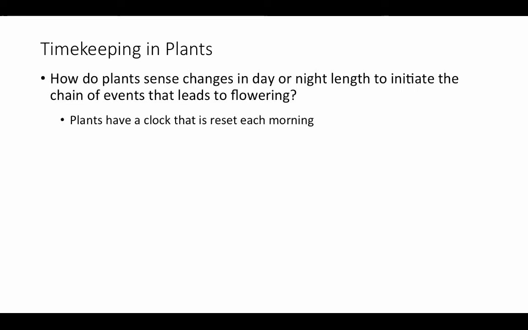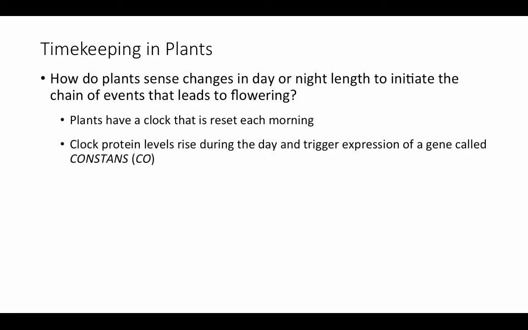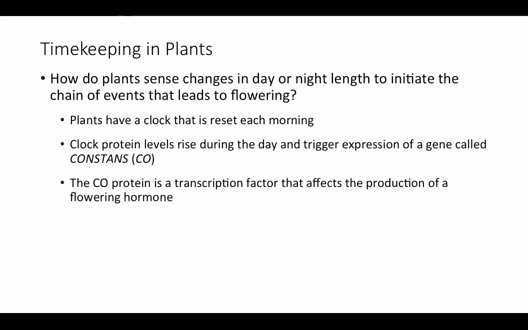Plants do have these internal clocks, these circadian rhythms that are reset to a 24-hour clock each morning using these phytochromes switching from the red to the far red configuration. And the clock protein levels rise during the day and trigger the expression of a gene called constans, CO. The constans protein is a transcription factor that affects the production of a flowering hormone.